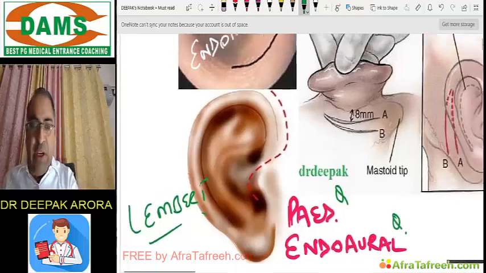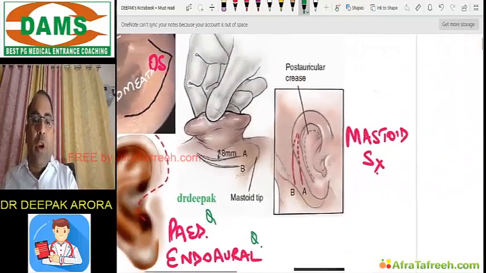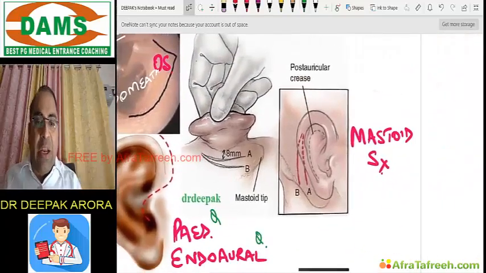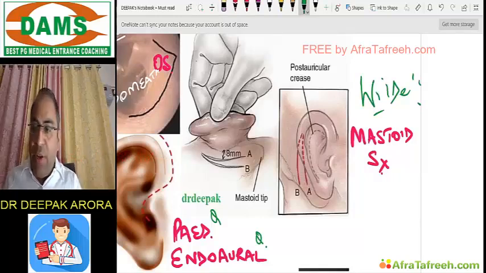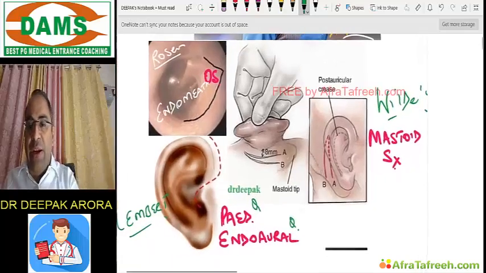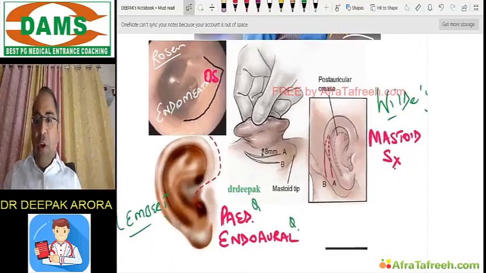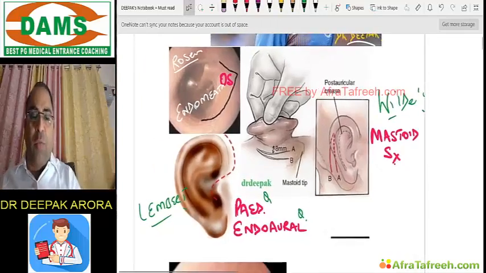One is your post-auricular incision, behind the pinna, named the Wilde incision. It is used for mastoid surgery. Am I understandable? So I just want to highlight three important incisions: one is endomeatal, one is endaural, one is post-auricular.